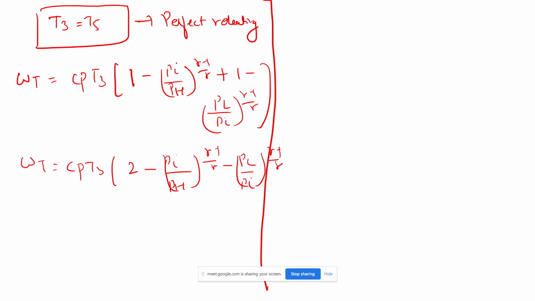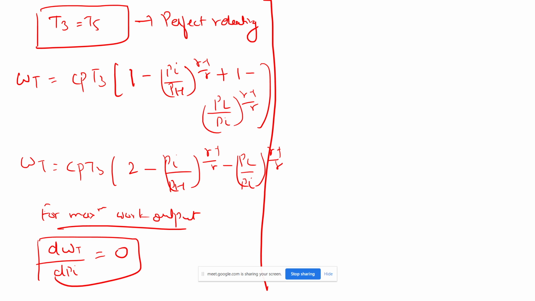So for maximum work output, what do we want? We differentiate the above equation with respect to P intermediate and equate it to 0. After differentiating, I am writing the result directly; you can do that at home and you will find the same result.